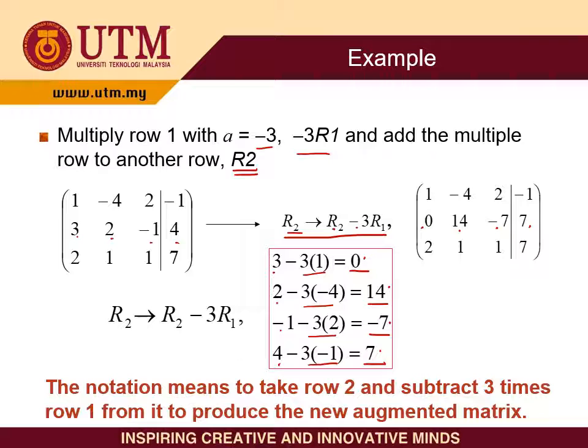And this answer will be replaced back to R2. So this is the equation. The notation means to take row 2 and subtract 3 times row 1 from it to produce the new augmented matrix. This is what we have done in this example.